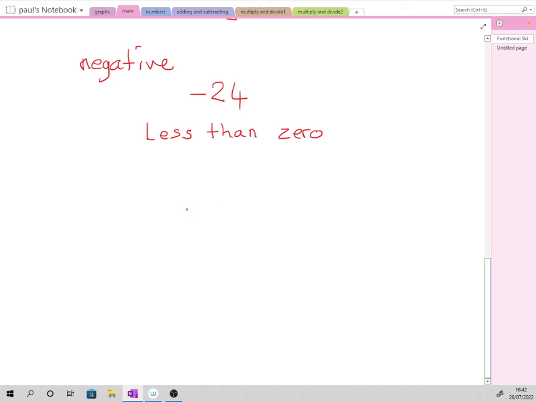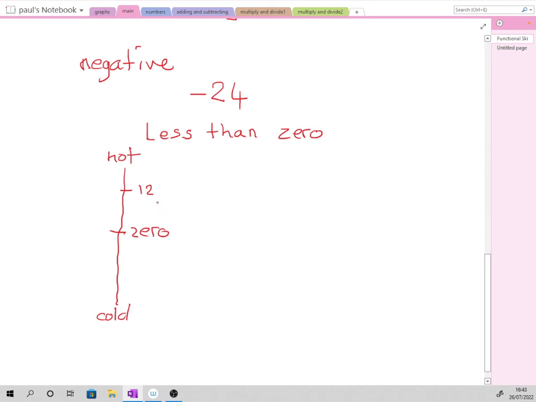Now, the way that I always try to remember how to deal with negative numbers is I think of temperature. So when it's cold, it's below freezing, it's a negative number. So I sort of draw a thermometer here and put 0 there in the middle. And this is hot and this is cold. And we could have 12 up there.